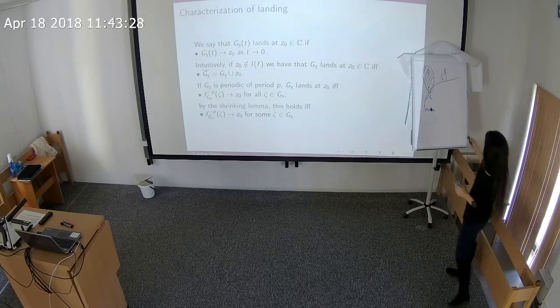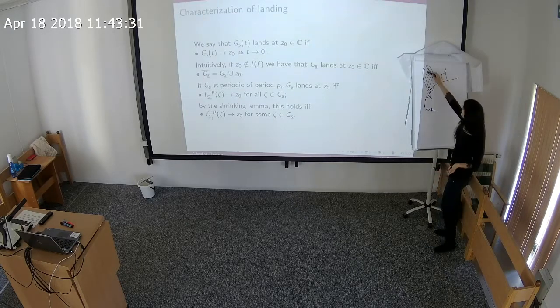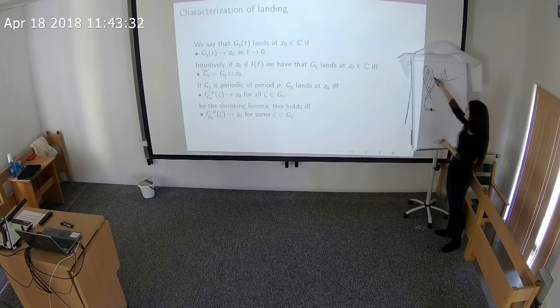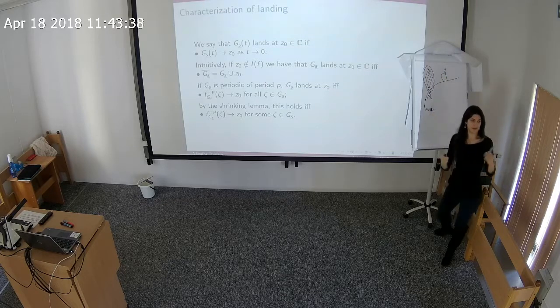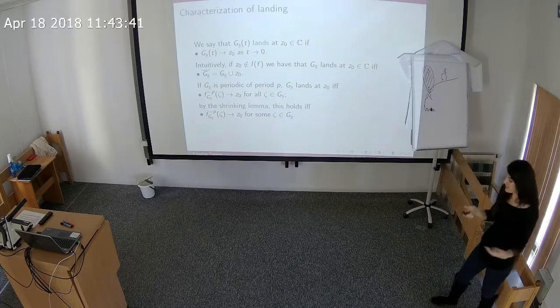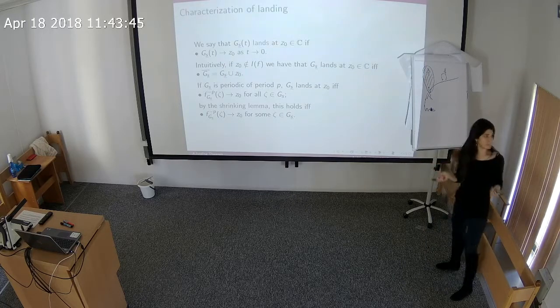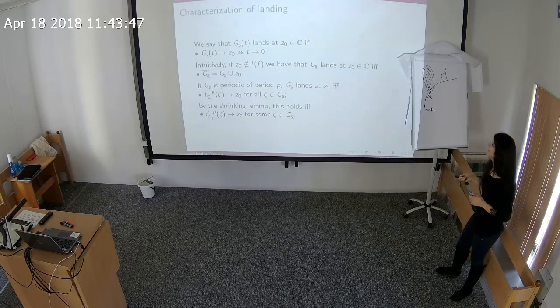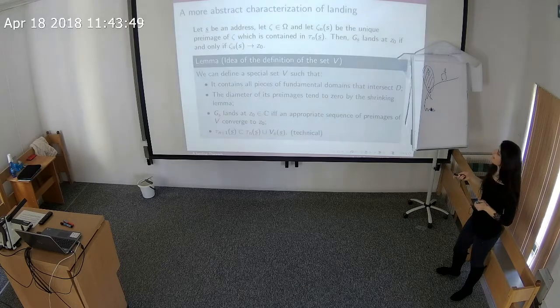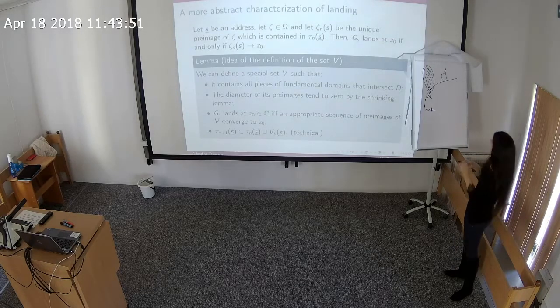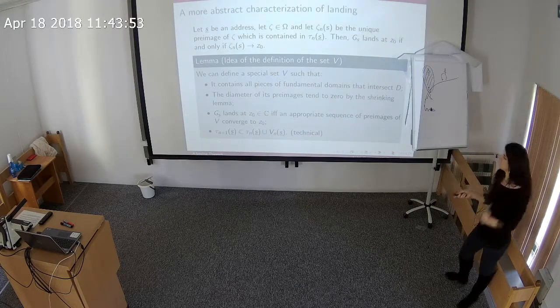On the other side, if you realize that you can take an arbitrary point outside by the shrinking lemma, then you can choose your point in a place where you know how the images are going to behave. There are a lot of delicate things to do with inverse branches, but you can do it. And you can define a special set which contains your base point that you have to choose very carefully.